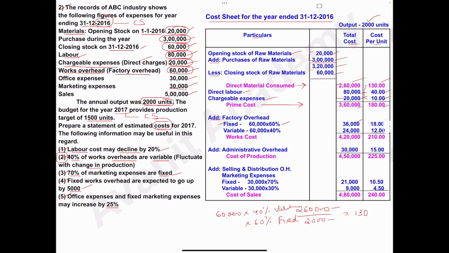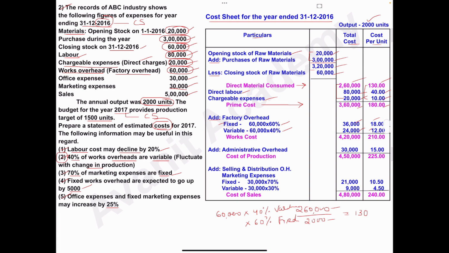Cost per unit, 36,000 divided by 2,000, rupees 18. Variable: 60,000 is the factory overhead amount into 40%, and the amount is 24,000. Per unit, 24,000 divided by 2,000, rupees 12.